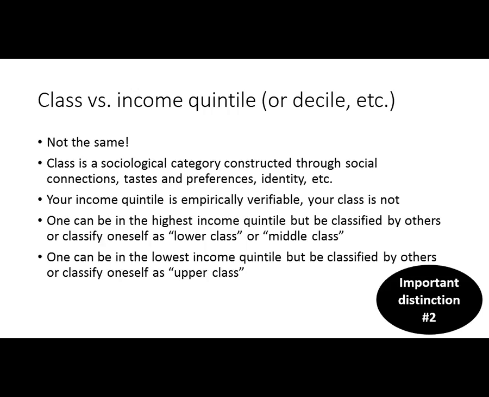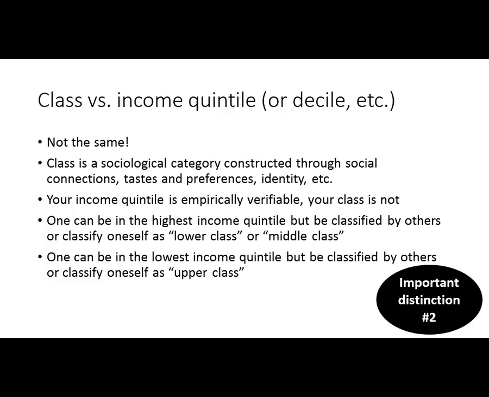Another important distinction is between class and income quintile, or income decile, however you want to slice up the income tiers. Class is not the same thing. Class is a sociological category which is constructed through social networks, social connections, tastes and preferences, behaviors, identities, and so on.